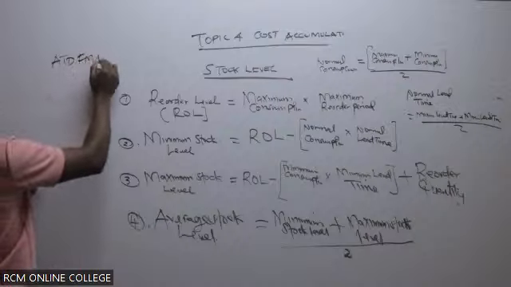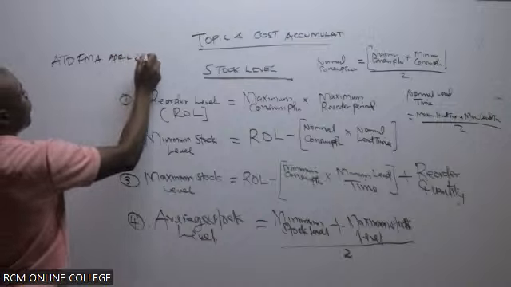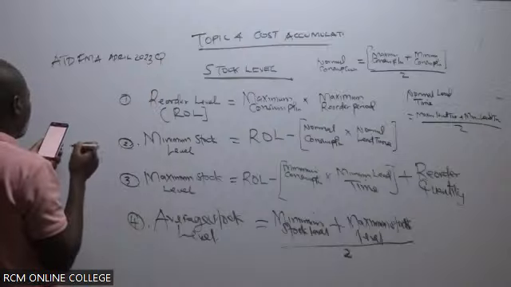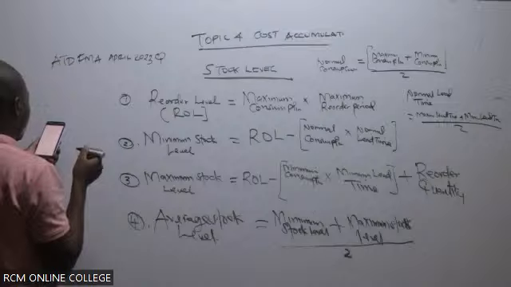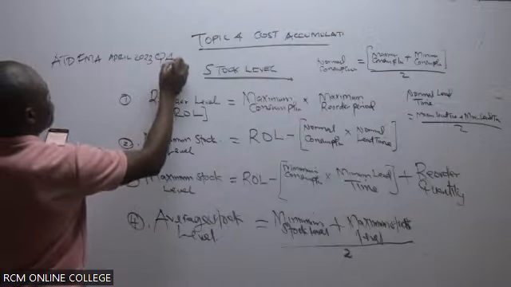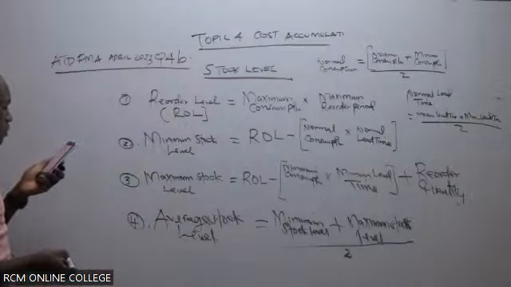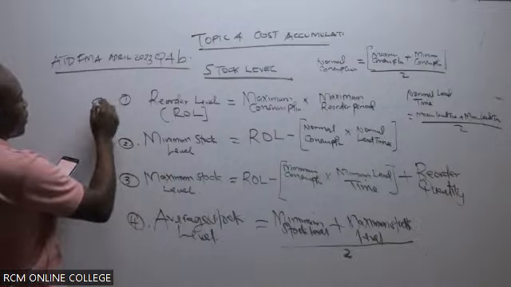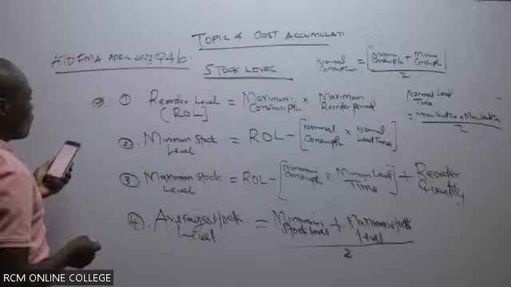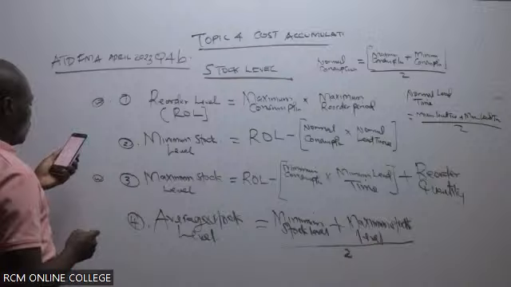Try to go through this, do your practice by looking at ATD Fundamentals of Management Accounting, April 2023, question number 4B. They are asking you to give them reorder level, then maximum inventory level, and then minimum inventory level.